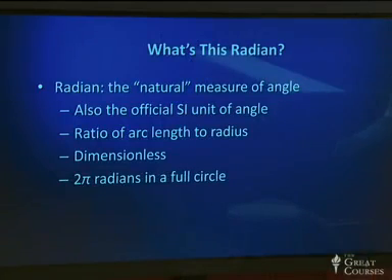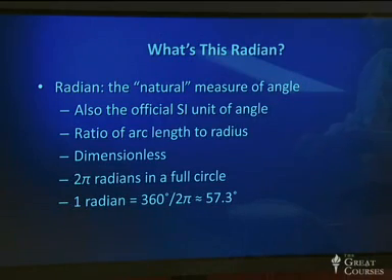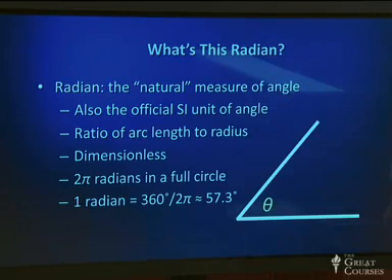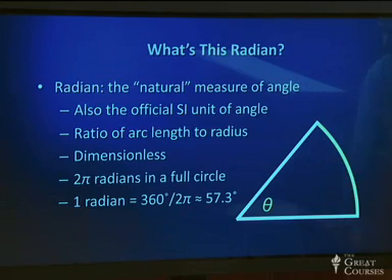That's because the circumference of a circle is 2 pi times its radius, and this is the ratio of arc length to radius. 1 radian is therefore 360 degrees divided by 2 pi, and that's about 57.3 degrees. Here's a picture showing how you develop a radian. Here's some angle theta. What is that angle? Well, I form a circular arc of which these white lines are the radii.